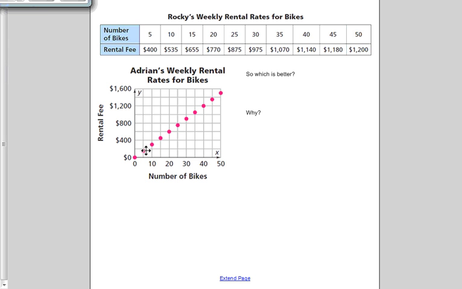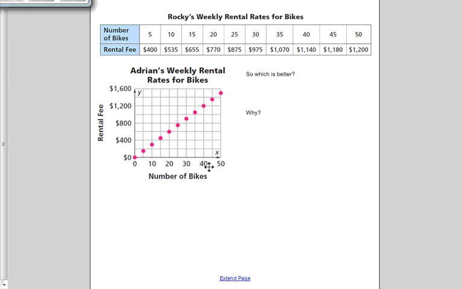Adrian's is not even close to 400. They're at 150. Well, let's move up a little. Let's go up to 20. Rocky's is going to charge us 770, and Adrian's is going to charge us 600. Closer. Let's try 30. 975 from Rocky's, and this one looks to be 900.